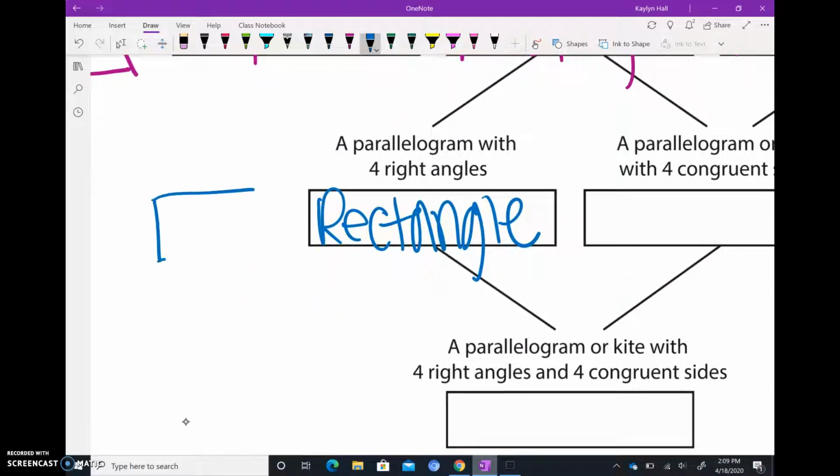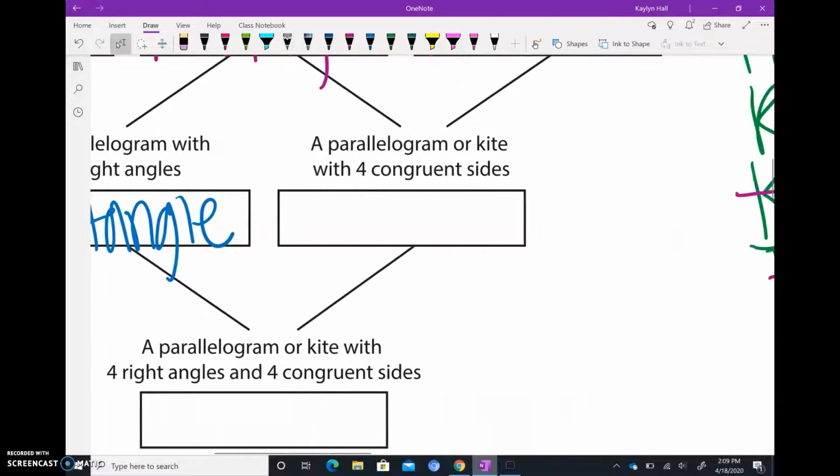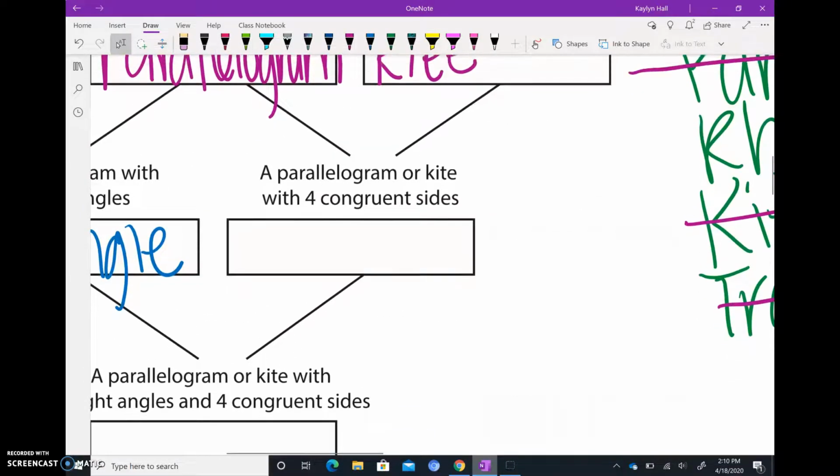You're going to draw a rectangle. And it's got 4 right angles, 2 pairs of parallel sides, and 2 pairs of equal sides.